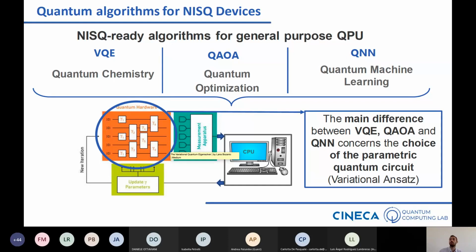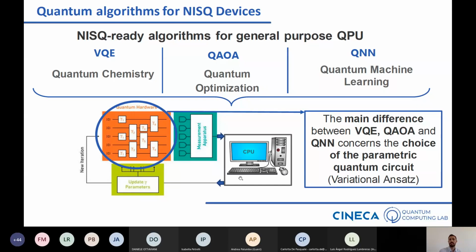So in how you choose your parametric quantum circuit, because as I told you before, the parametric quantum circuit may reflect some properties of the problem that you want to address. So that's why the main difference is in this part here.